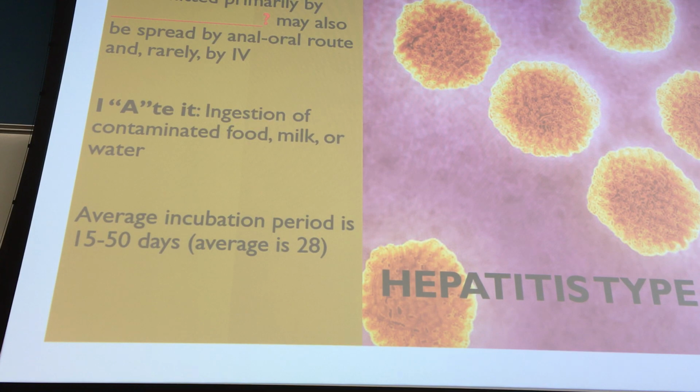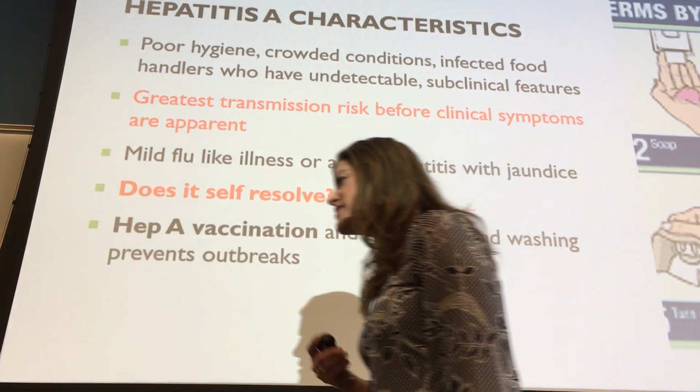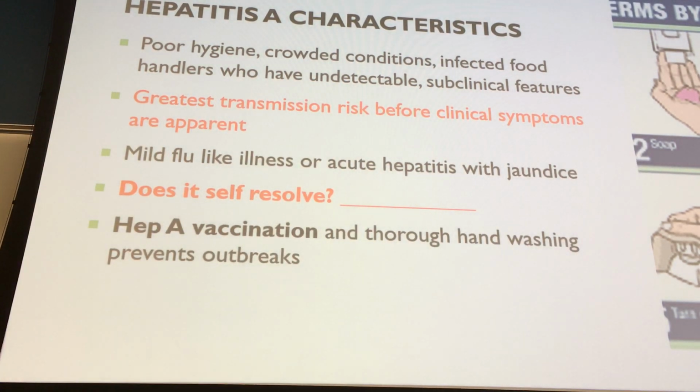All right, so Hep A, I ate it, okay? Ingestion of contaminated food, milk, or water. These are some of the characteristics, okay? The greatest transmission risk is before any of the clinical symptoms are apparent, okay? So you could have this restaurant worker that hasn't washed his hands, he's gone back in the kitchen, he's contaminated the food, and he could be sick and really wouldn't know it, okay?